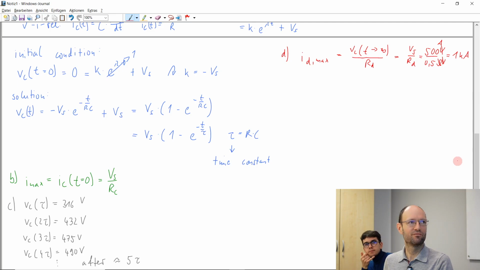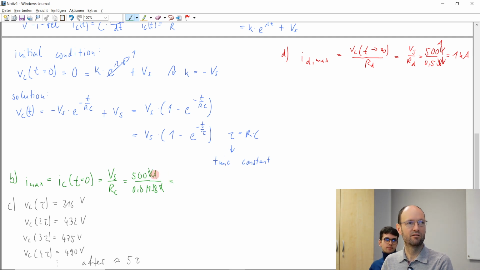And we had not, I think, calculated the value here for subtask B, but if we calculate this here, 500 volt divided by 0.8 megaohm, so also volt and volt cancel each other here, and we get ampere.